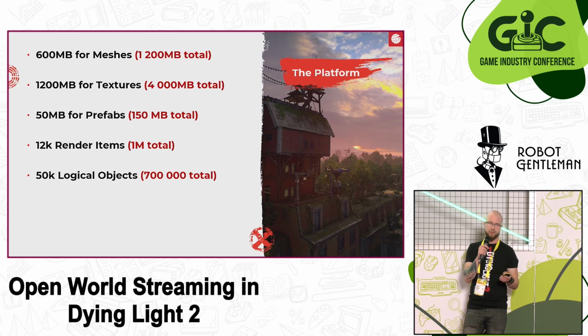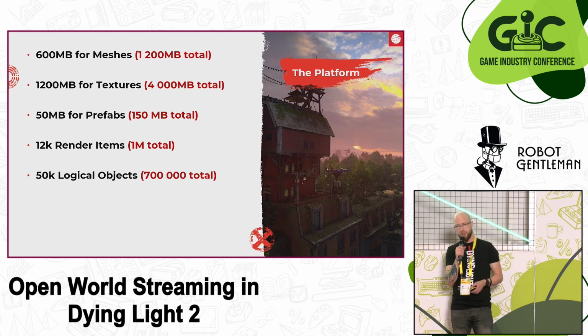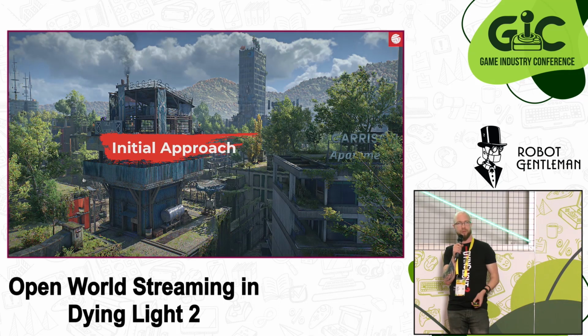Of course, it depends how complex those objects are, but it's like 50,000 on average. So you can see the problem. We cannot just have all the assets we want at the same time. We need to somehow partition them and squeeze them onto the platform.